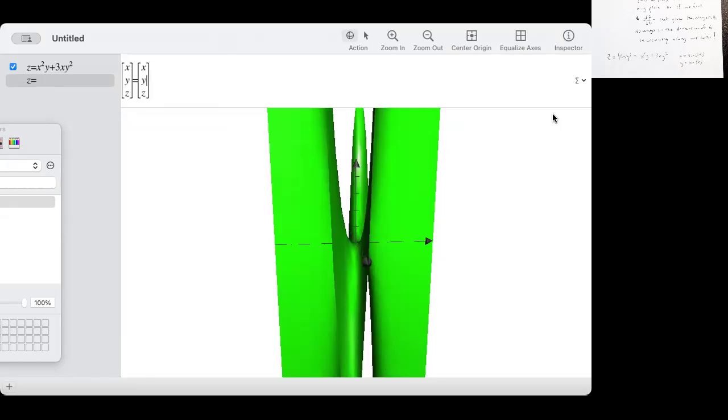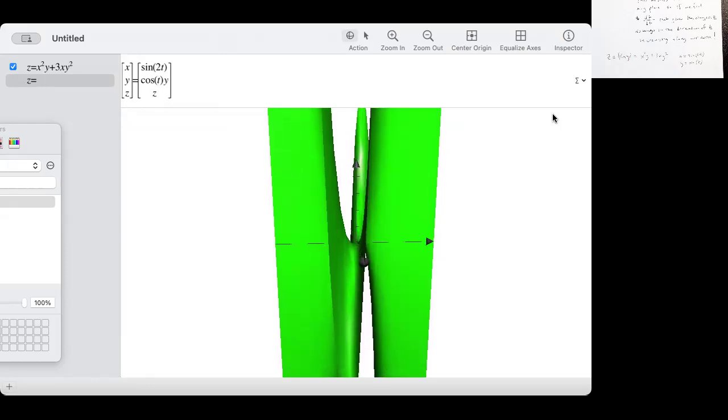Now we had x was sine of 2t or sine of t? Sine of 2t. Y is cosine of t. I was supposed to have cosine of t. I'll write it as cosine of t, and then I'll go back and I'll change it on the paper.